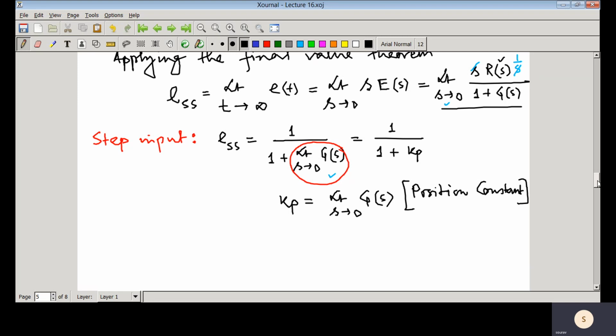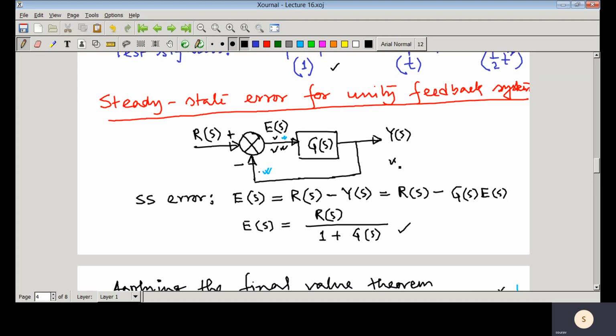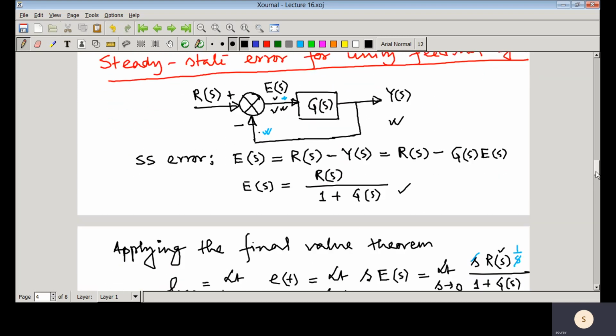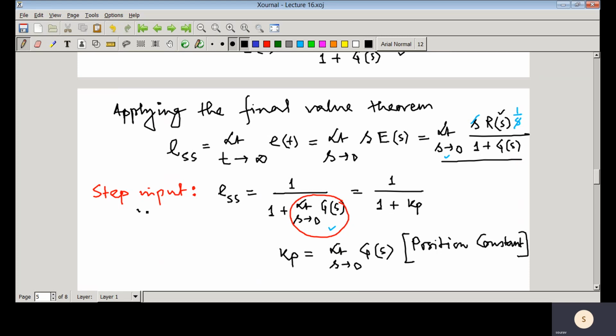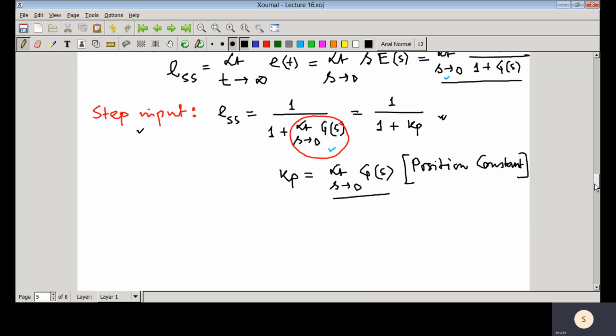So what we have seen, whenever we consider a unity feedback system, and if we apply R(s) as unit step, the steady state error becomes 1 by 1 plus Kp, where Kp is limit s tends to 0 of G(s), and this is called the position constant. So now we'll see what happens whenever we apply a ramp input.